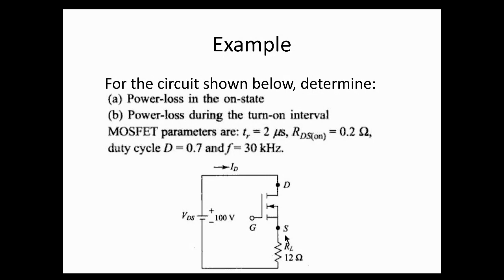What is going to be this drain to source current? How are we going to calculate it? When this comes on, we know that we have 100 volts across the device. We have this load of 12 ohms. So what's going to be the current? You can work that out.